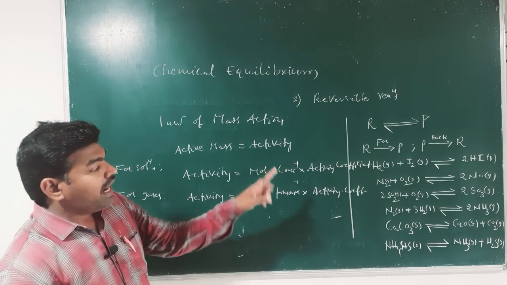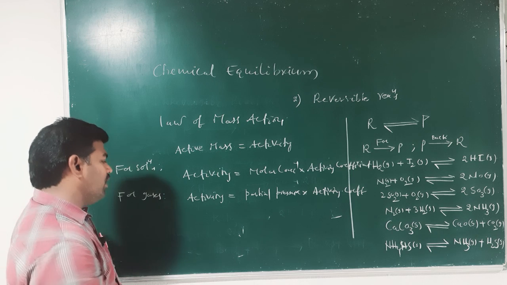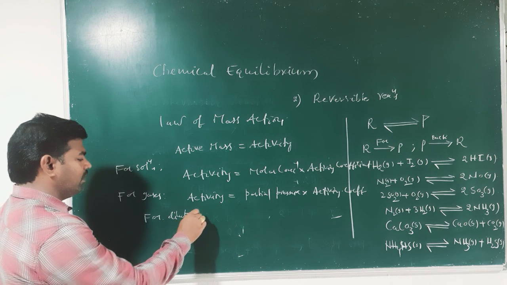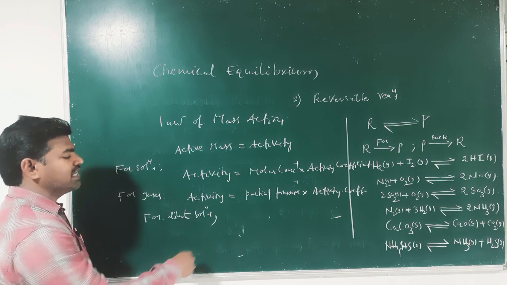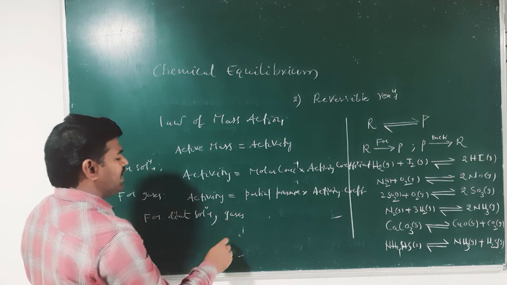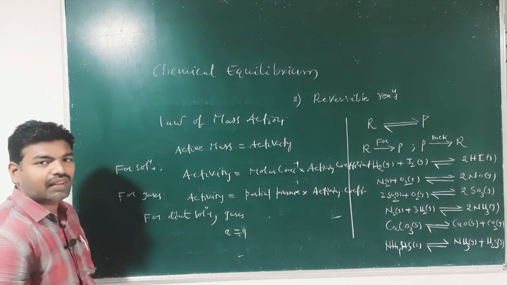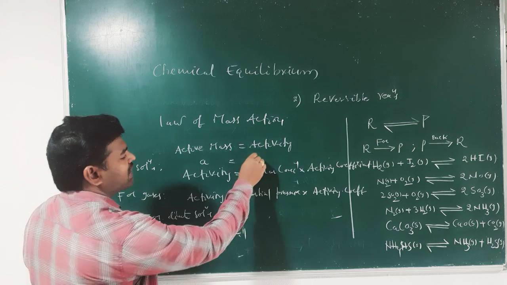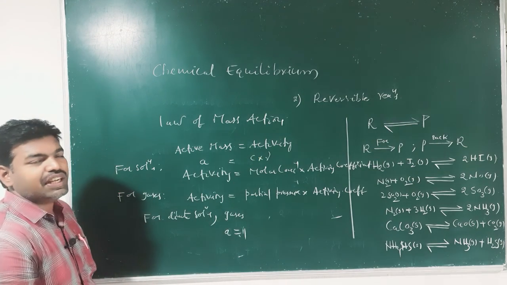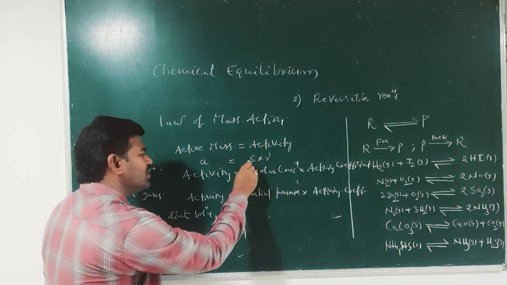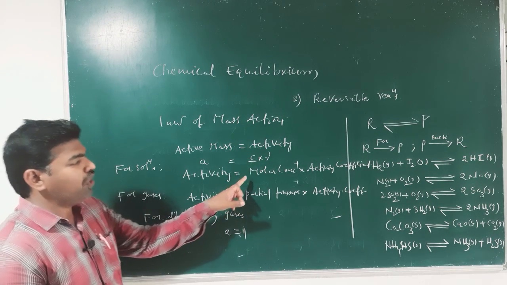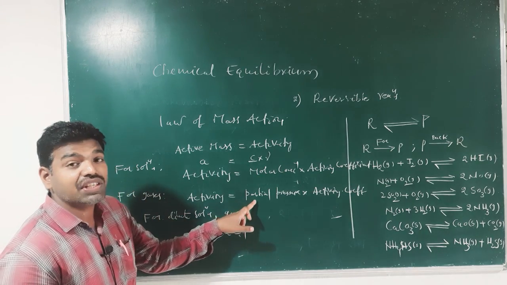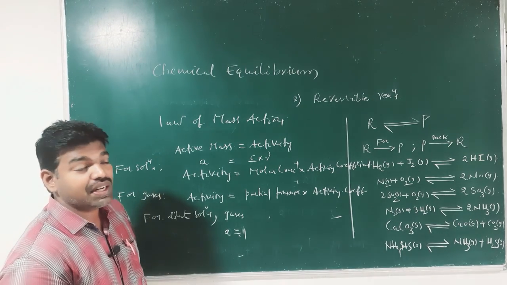And one more important point is that for dilute solutions and gases, activity is equal to 1. That is, activity, represented by A, is equal to molar concentration, represented by C, into gamma. So, in the case of solutions we consider the molar concentration, but in the case of gases we consider the partial pressure.